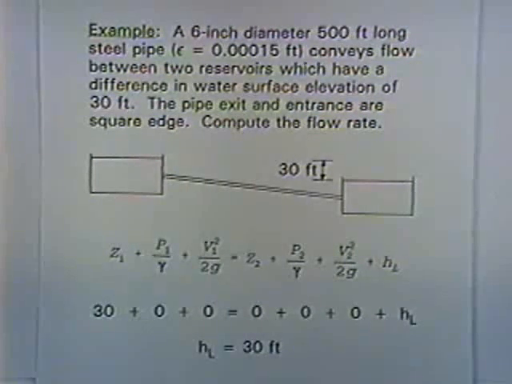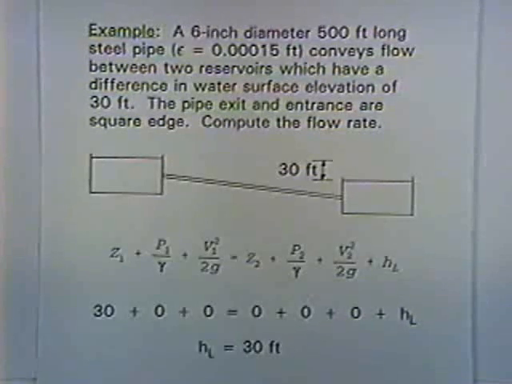We've got a 6-inch diameter, 500-foot long steel pipe, relative roughness 0.0017 feet. We're conveying flow between two reservoirs, which have the indicated difference in water surface elevation, entrance and exit or squared edge. That'll help us to estimate the minor loss coefficients.